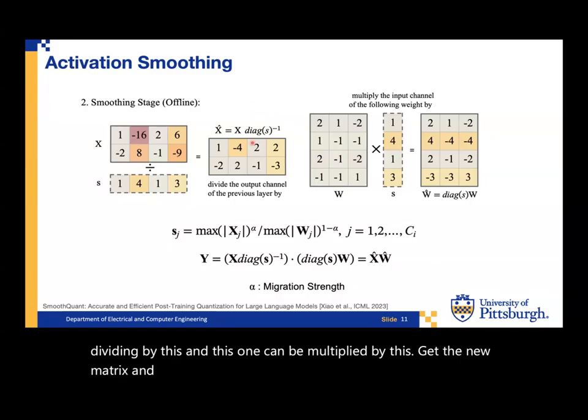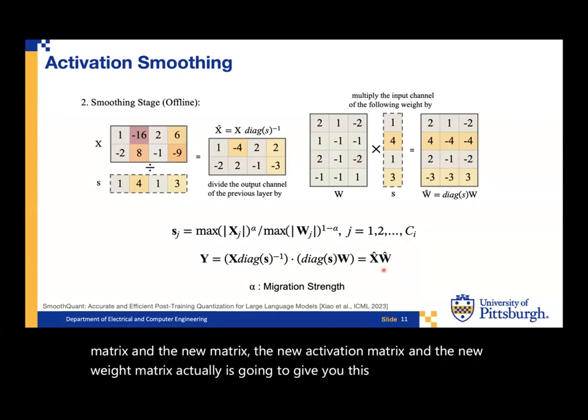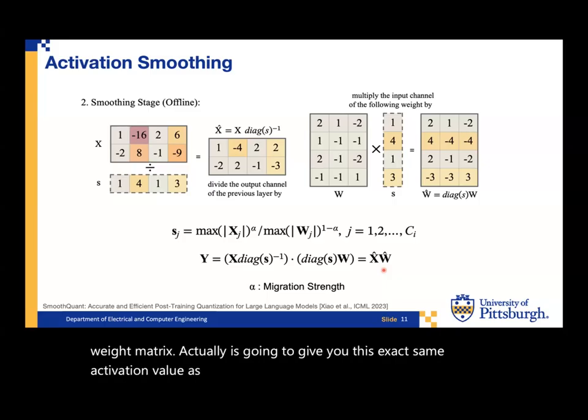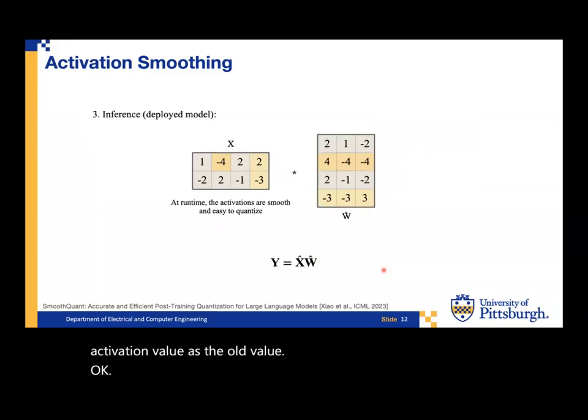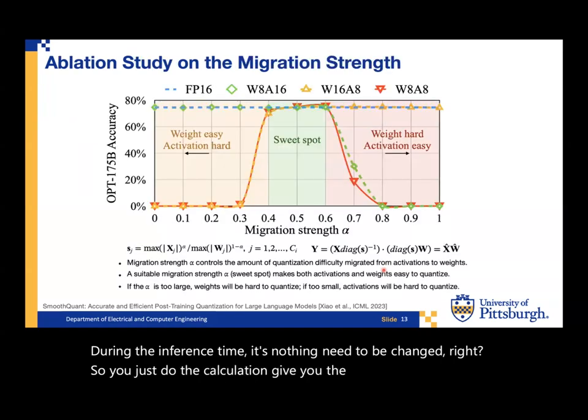The new activation matrix and the new weight matrix give you exactly the same activation value as the old one. During inference time, nothing needs to be changed, right? You just do the calculation and get the exact same activation output.